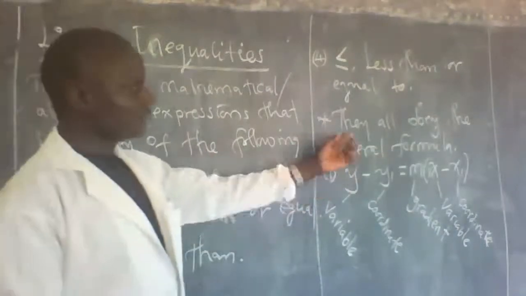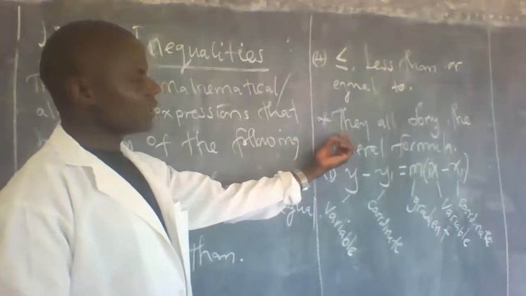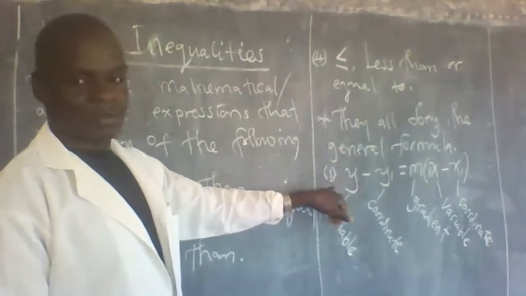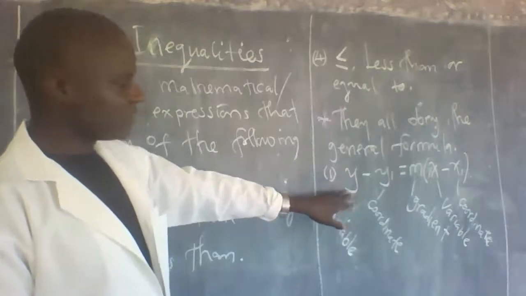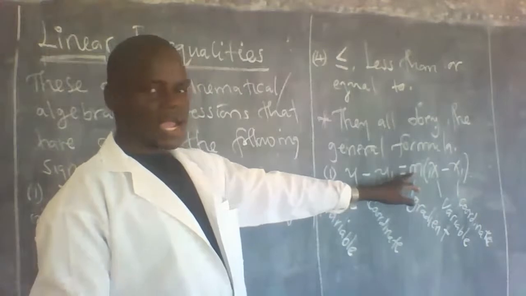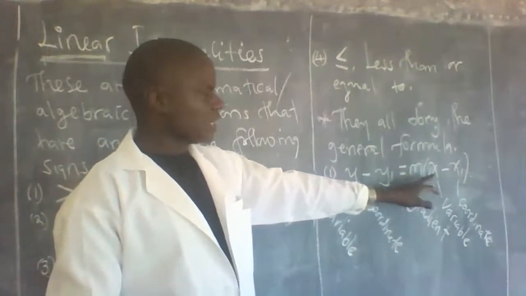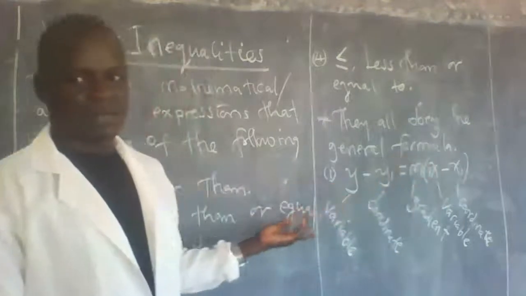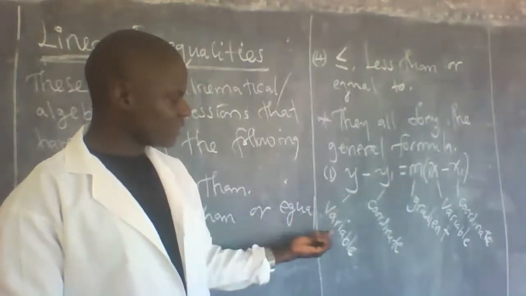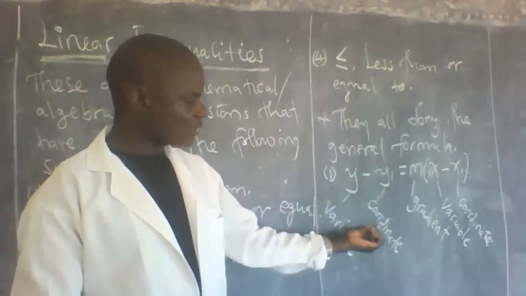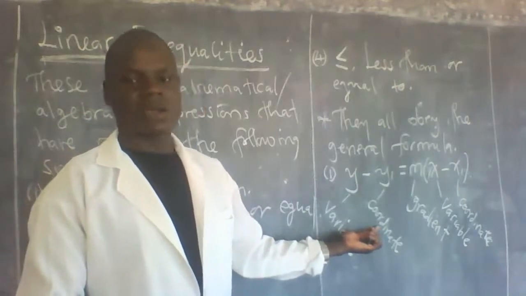So if the inequality you're talking about is a linear inequality, then it must obey this general formula: y minus y1 equals m outside the bracket, and then x minus x1. What are these letters standing for? The first y stands for the y variable. The y1 is the y coordinate.